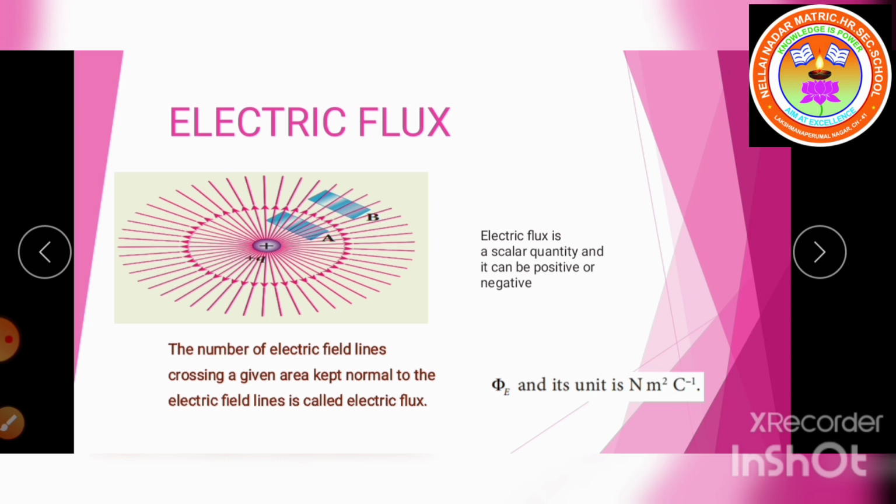This value can be positive or negative. Understand children? So for a 2-mark question, you can write the statement, write phi E, and the unit Newton meter square per coulomb.